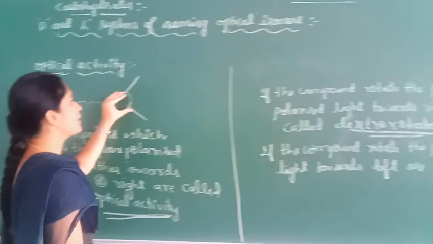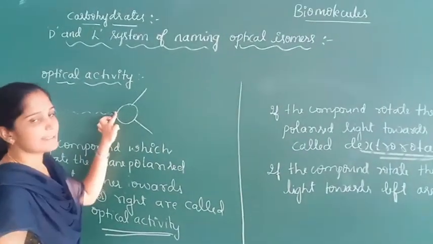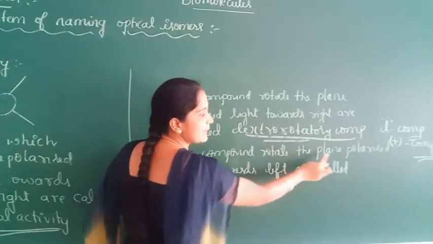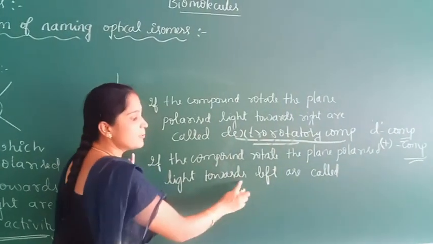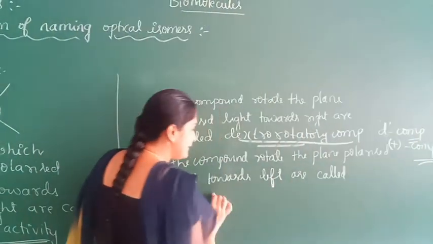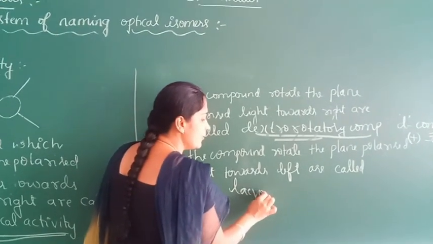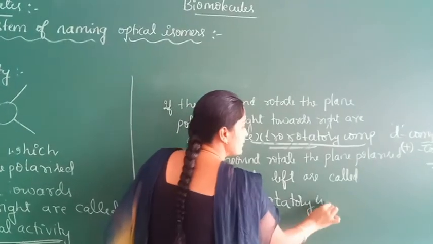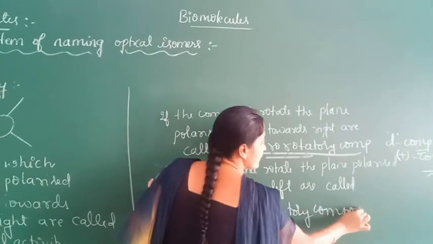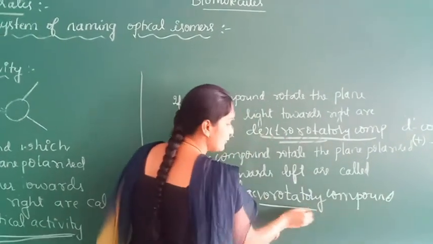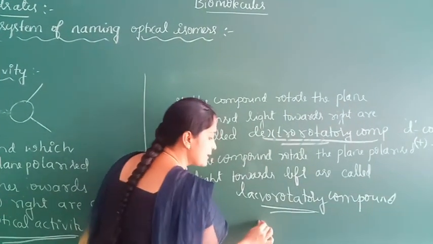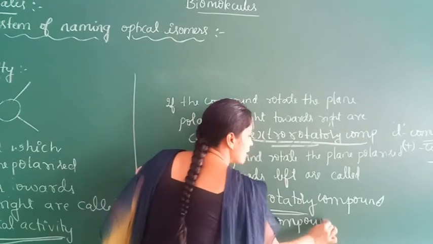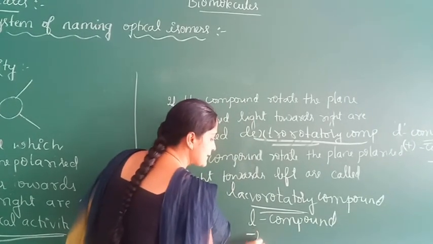If the compound rotates the plane polarized light towards left, it is called a levorotatory compound. Levorotatory compound can also be written as L compound or minus compound.